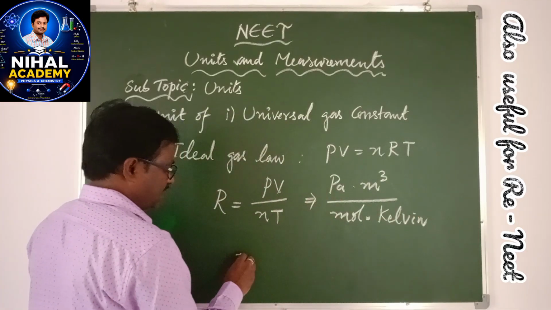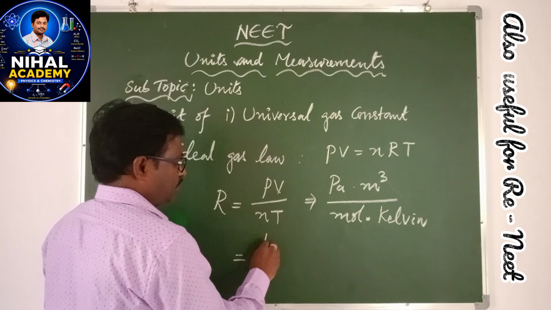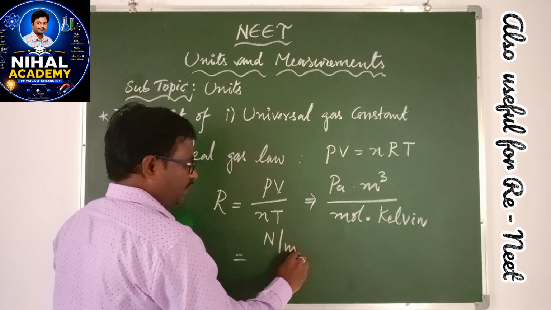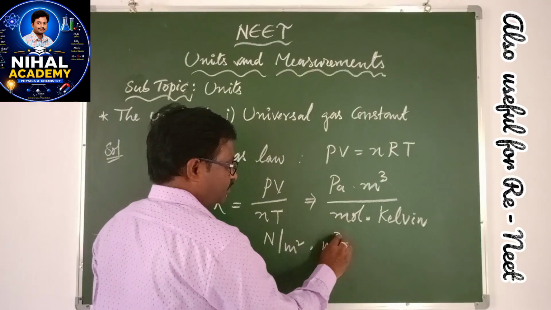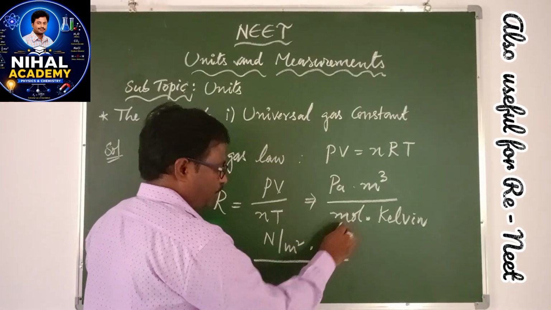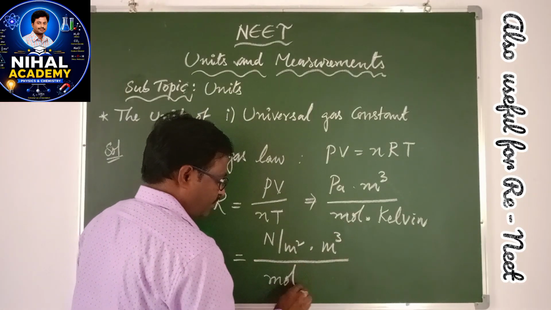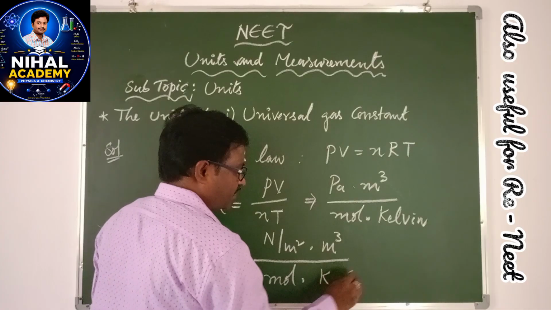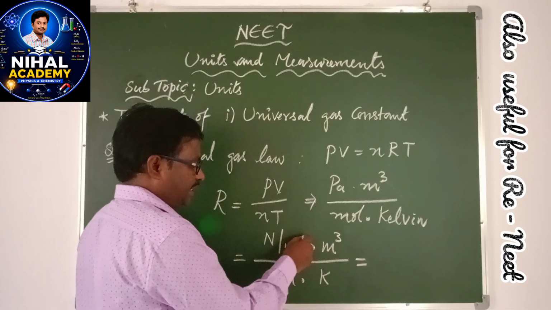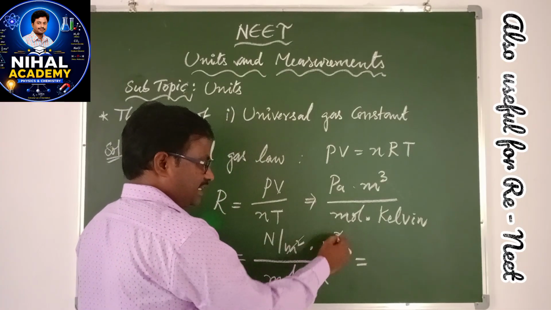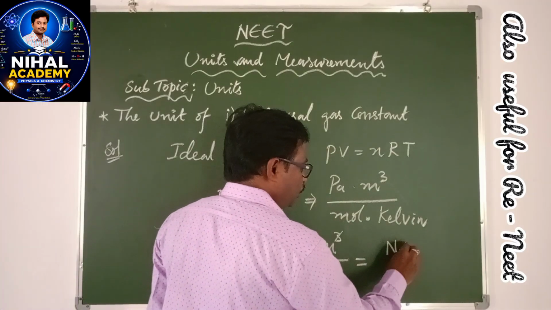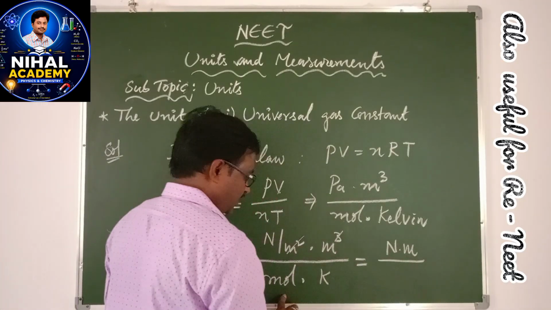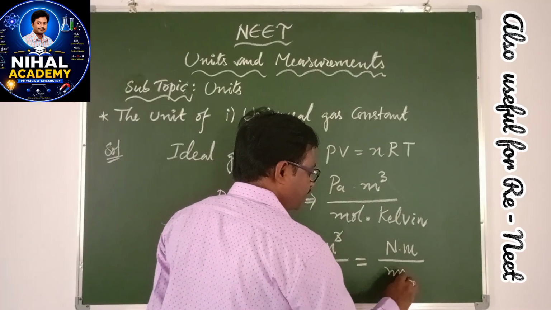So you can write Pascal, Newton per meter square, into meter cube by mole into Kelvin. So here meter square and here meter square cancel, then it is equal to Newton meter by mole Kelvin.